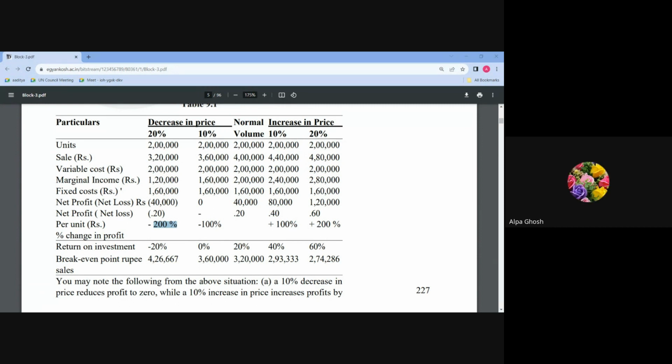And the same way, when it is a profit of 80,000, it is plus 100. When it is a profit of 1,20,000, that is 0.60, it is a change of plus 200%. This return on investment is calculated simply on the loss or profit percentage compared with sales units.